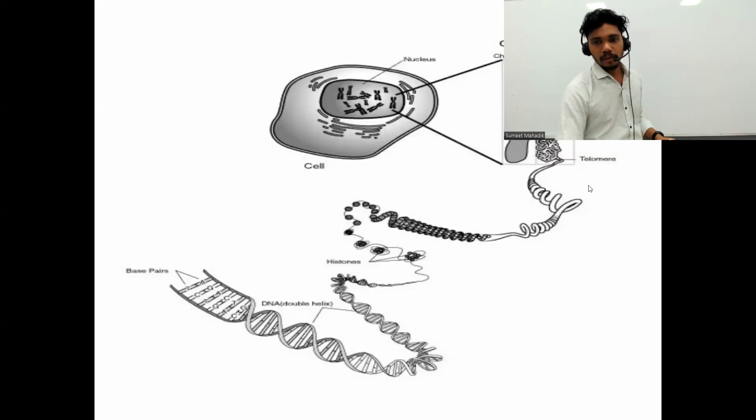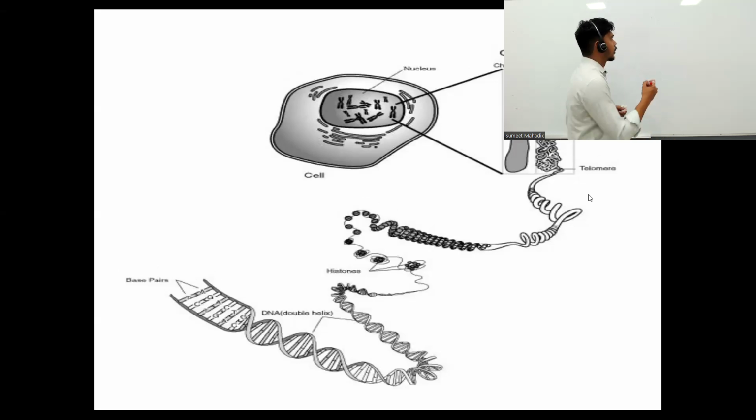Is the point clear? Okay. So now tell me one thing, what is happening exactly? We have a cell. Inside the cell, there is a nucleus. From the nucleus, there is a chromosome.